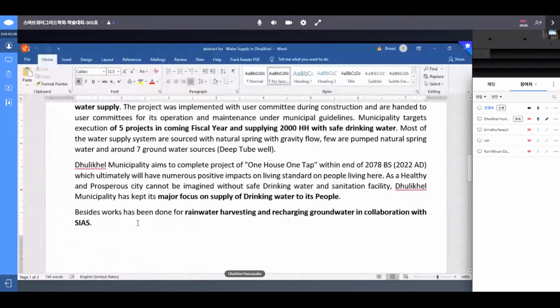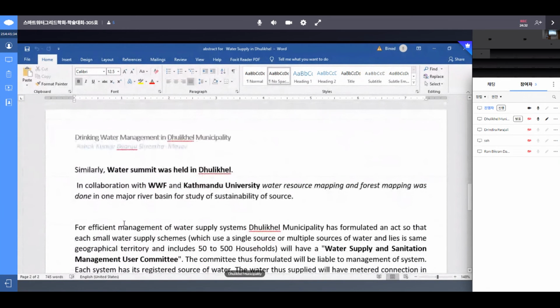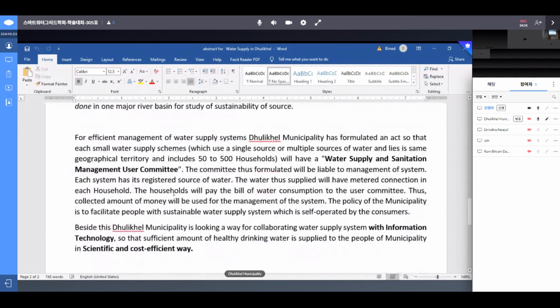Besides, work has been done for rainwater harvesting and recharging groundwater in collaboration with CIAS. Similarly, a water summit was held in Dhulikhel in collaboration with WWF and Kathmandu University, where water resource mapping and forest mapping was done in one major river basin to study the sustainability of water resources.